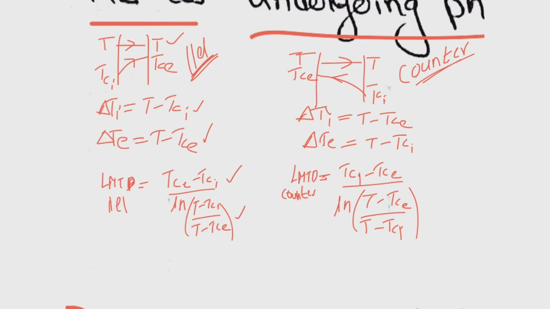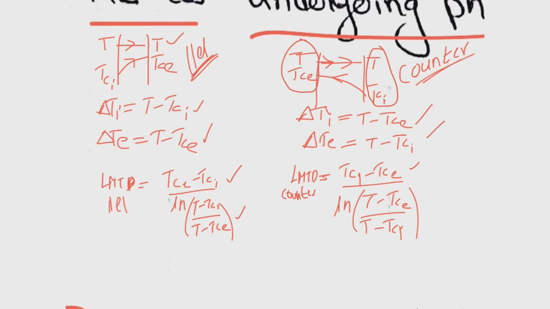In case of the counter flow heat exchanger, since the inlet should be the inlet of the hot fluid, delta Ti should be the difference between this pair, and delta Te must be the difference between this pair. Delta Ti minus delta Te gives TCI minus TCE in the numerator, and in the denominator we have ln of T minus TCE by T minus TCI.